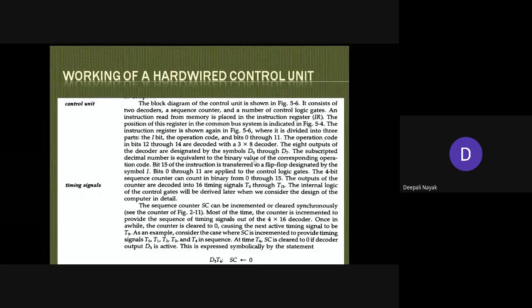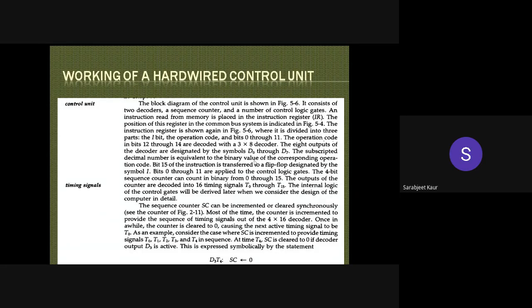The 8 outputs of the decoder are designated by the symbols D0 through D7. The subscripted decimal number is equivalent to the binary value of the corresponding operation code. Bit 15 of the instruction is transferred to a flip-flop designated by the symbol I. Bits 0 through 11 are applied to the control logic gates. The 4-bit sequence counter can count in binary from 0 through 15. The outputs of the counter are decoded into 16 timing signals T0 through T15.